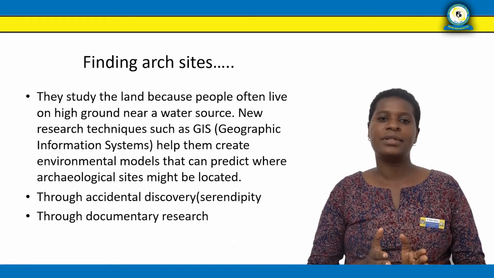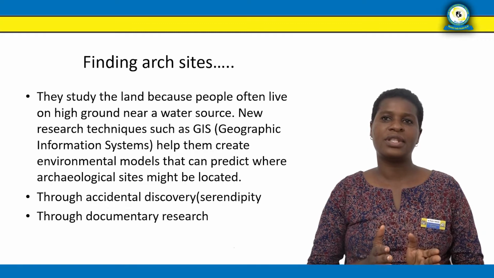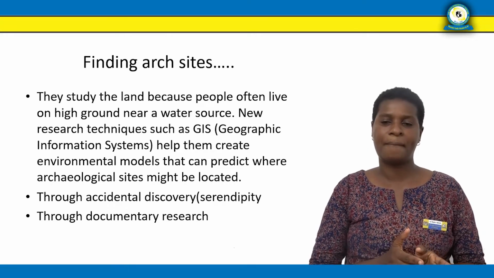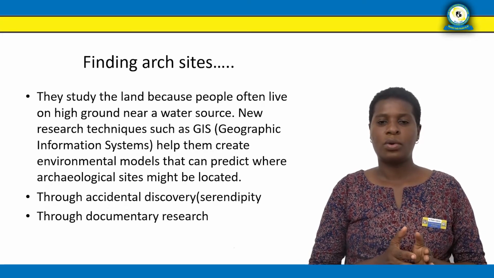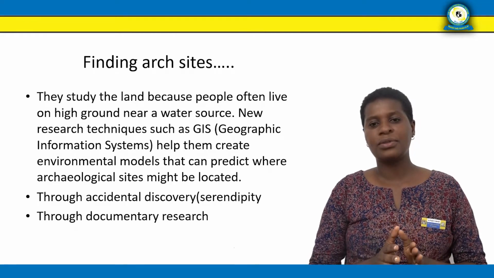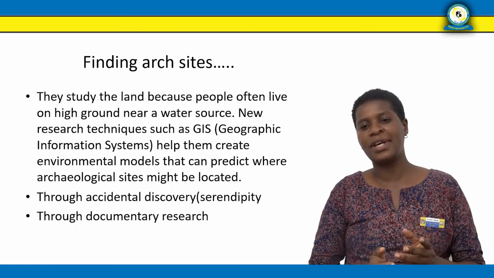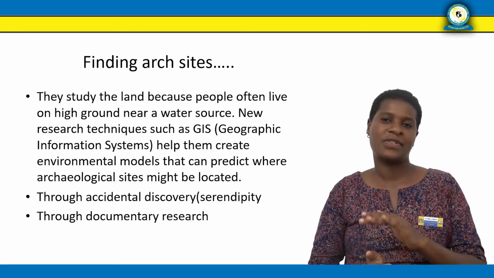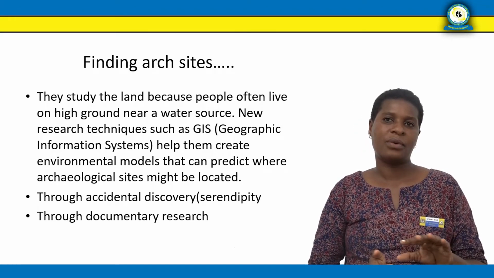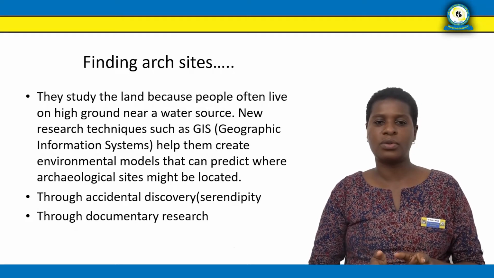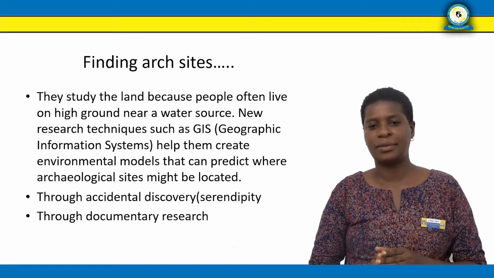There is likely to be human life there. So at places like those, it is easier to predict that there might be a site somewhere around this area because of studying the land.